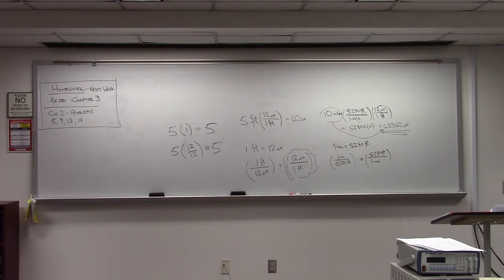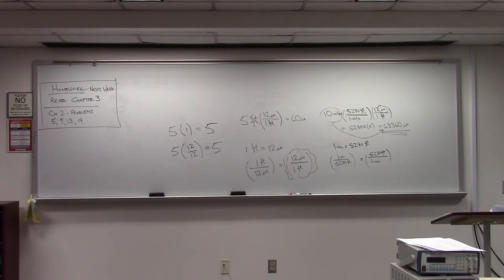So that's resistance in ohms, the length in meters, the area in square meters. Okay? All right? And this is the resistivity of whatever it is, like copper, which is an intrinsic property.